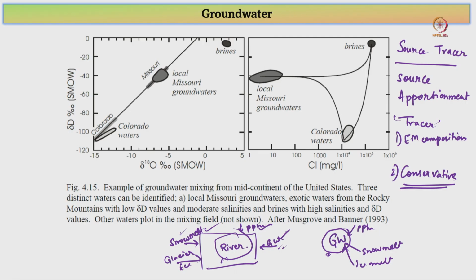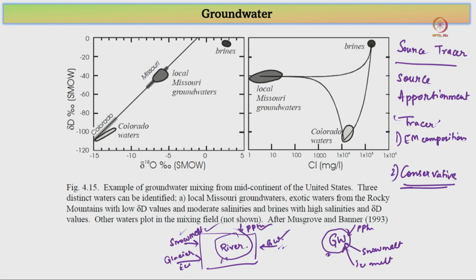So, if I am mixing snow melt, if I am mixing precipitation, the mixed water is just a result of the fractional contributions. It is not due to any other physical, chemical, biological interactions. Okay.